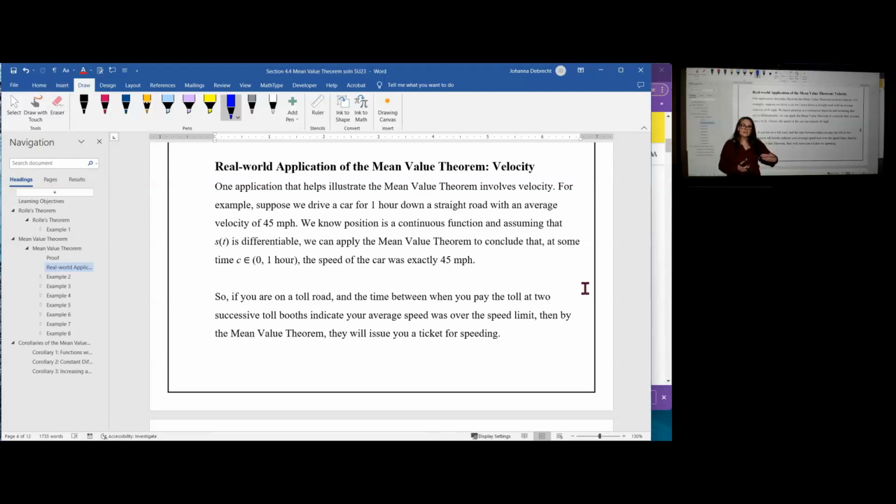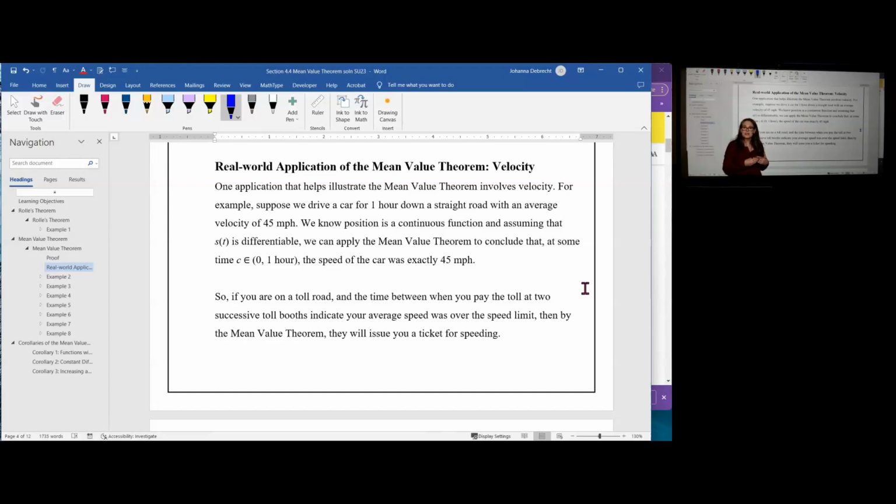I can't get from one toll booth to the next toll booth without traveling the entire distance between. I have to be able to draw that path with a continuous line going from one toll booth to the next. I can't beam from one toll booth to the next one.